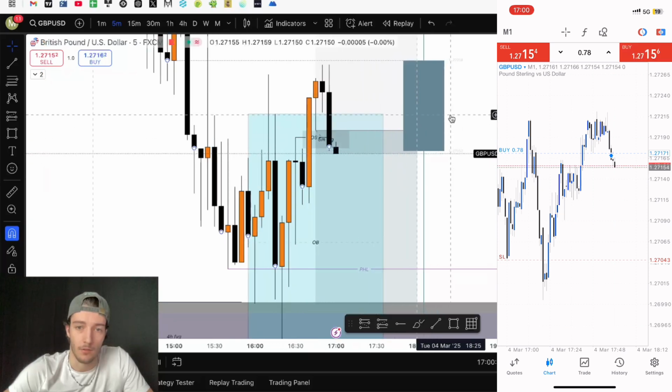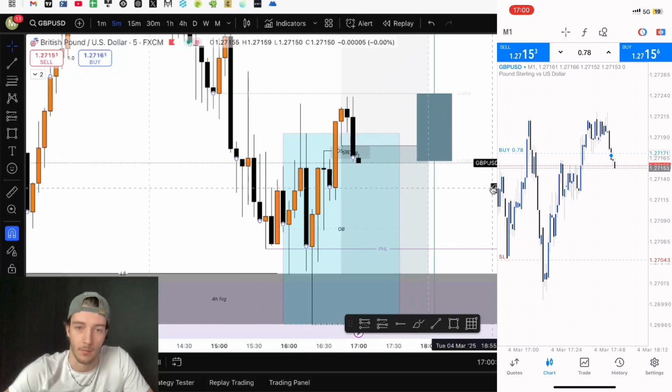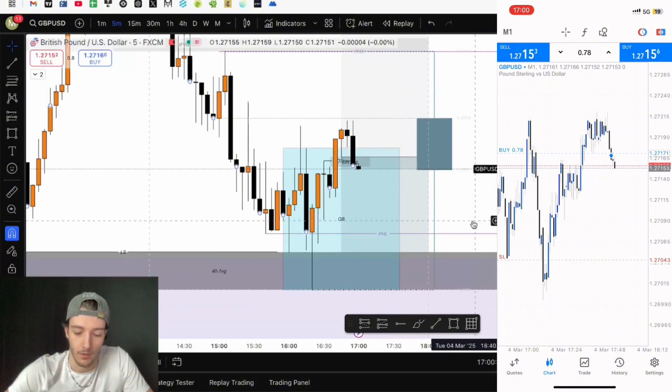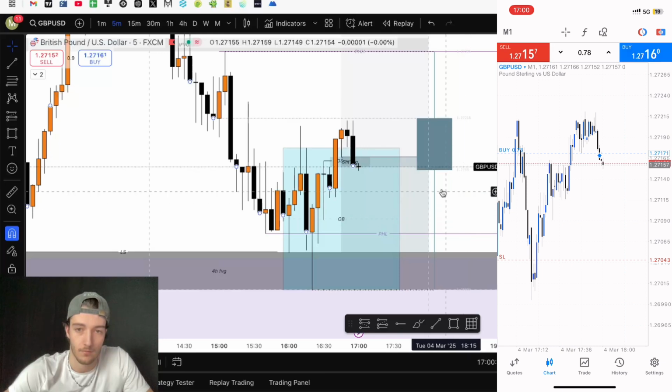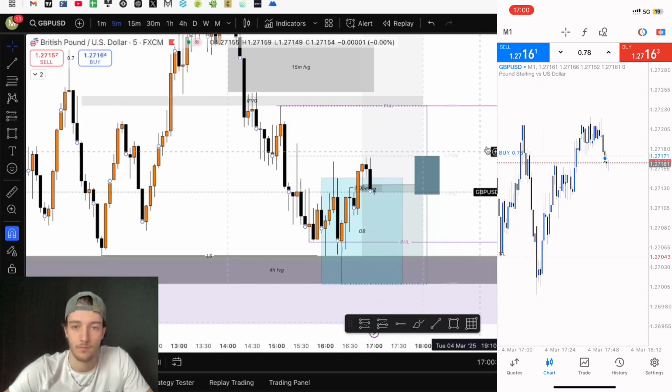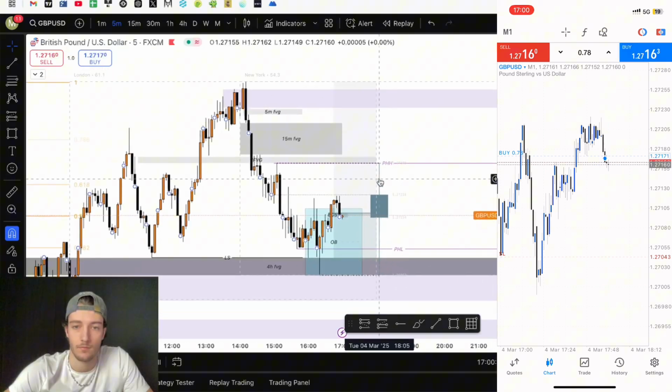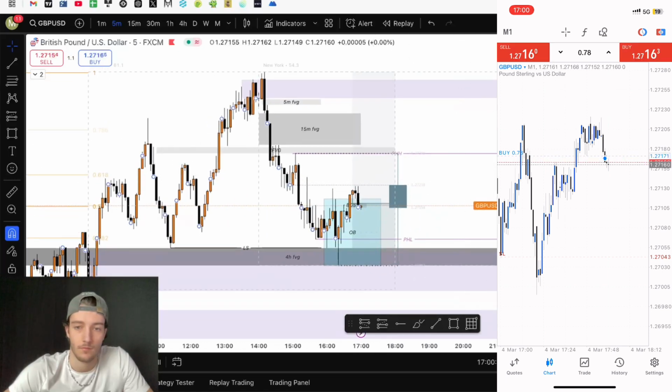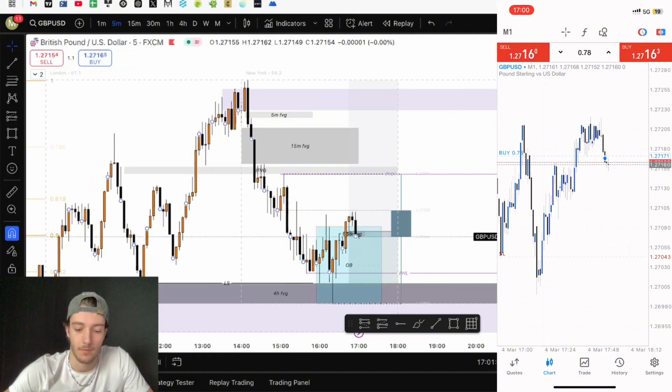Looks like we closed our 5 minute candle inside or at the bottom of this 5 minute bearish fair gap. A little bit of drawdown now. All right.